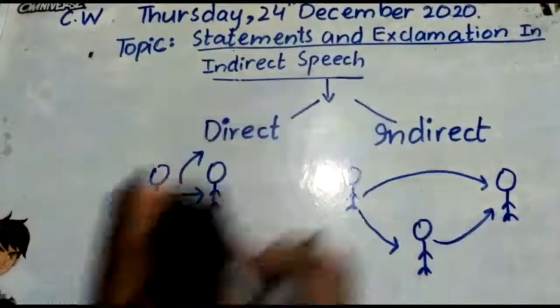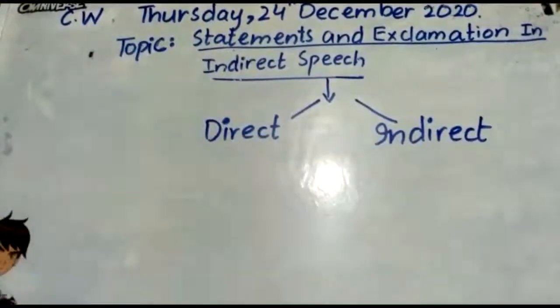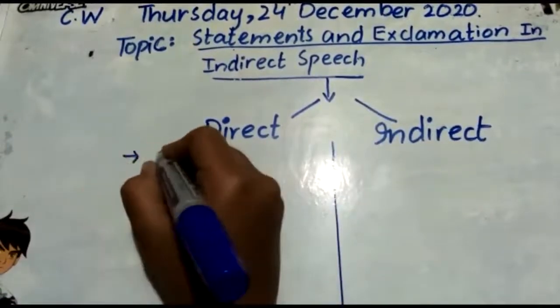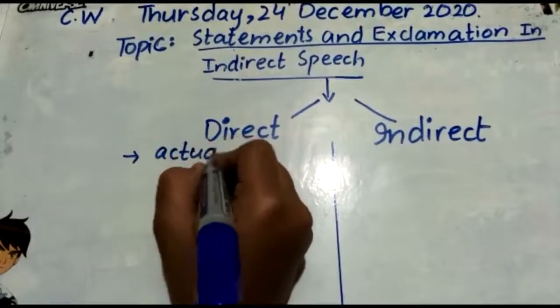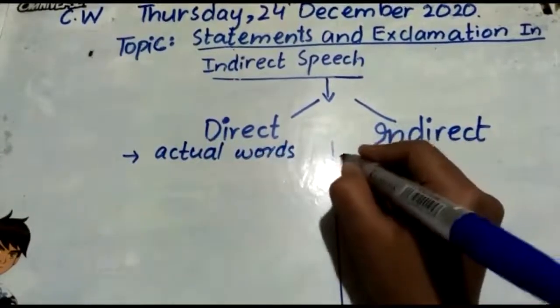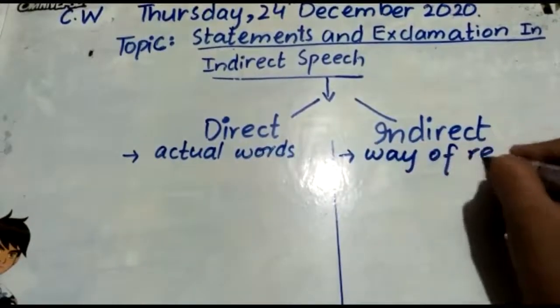Now the next thing about direct and indirect speech is that direct speech is a speech in which actual words are reported. Indirect speech is a speech in which the way of reporting is changed.